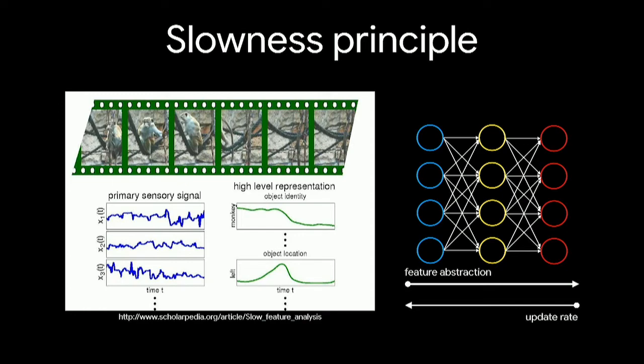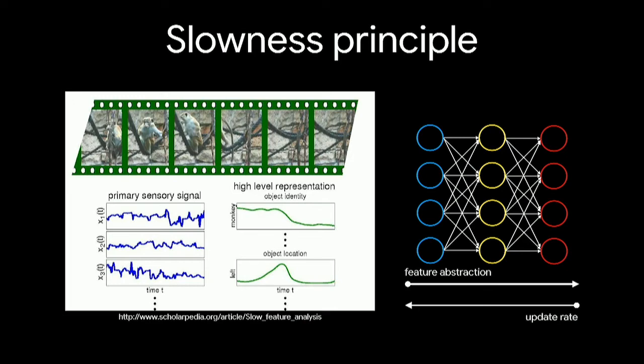If you look at the pixel values in the pixel space, you will see high variations because of some light changes, or the camera moves a bit, or maybe the monkey moves a bit. However, if we look at more abstract features of the scene, for example, the identity of the object or the position of the object, these will change much more slowly.